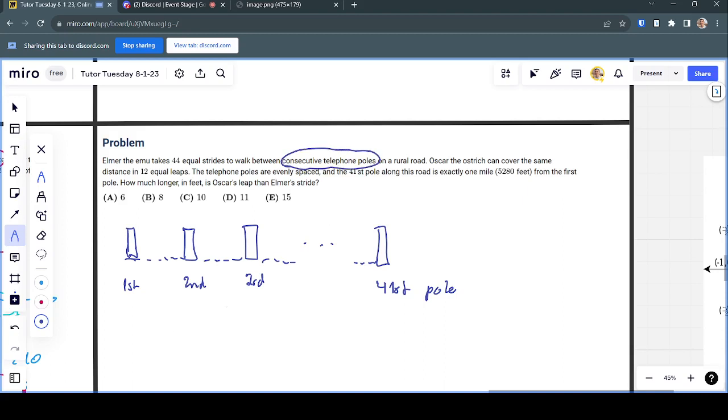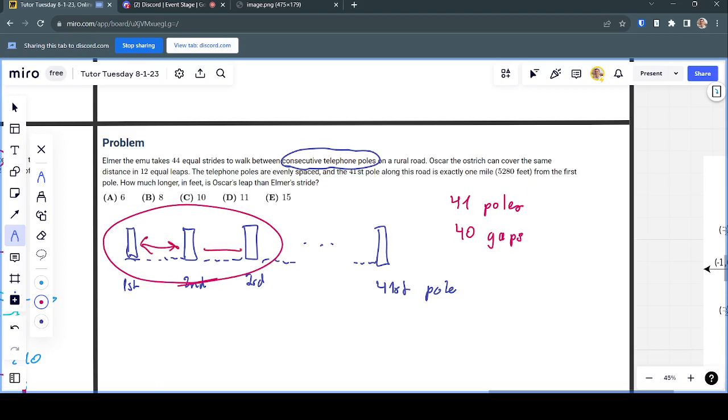Now I know if there's 41 poles, then there's actually 40 gaps, right? 41 poles means that we have 40 spaces between them. Because if you consider the simple case of 3 poles, you have 2 spaces in between them. There's always one less space than there are poles because you need the final pole to block that space off.